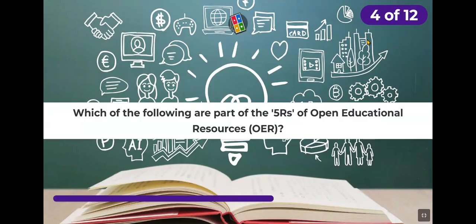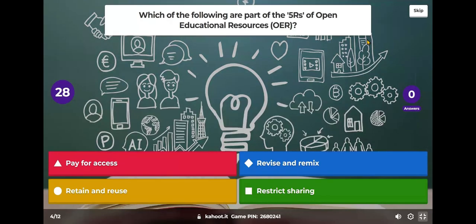Which of the following are part of the 5 R's of open educational resources? So the OERs. This is a multiple-choice one. We have pay for access, revise and remix, retain and reuse, and restrict sharing. We're getting some tougher questions now.